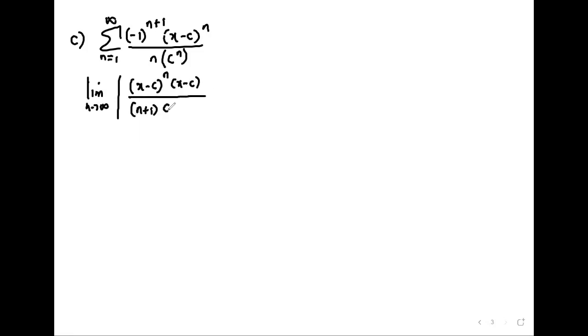I'll do the same, c to the n multiplied by c. And then I'll multiply as I push this in the numerator, and then in the denominator like that. And then this one cancels with that one, and this one cancels with that one. So what do we remain with? We remain with the limit. The other part is going to be n over n plus 1, that is 1.